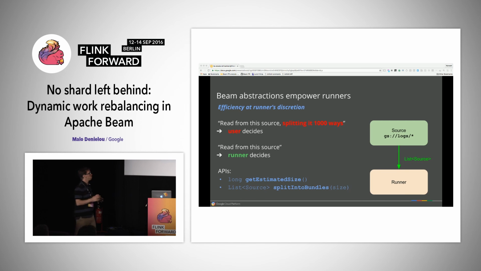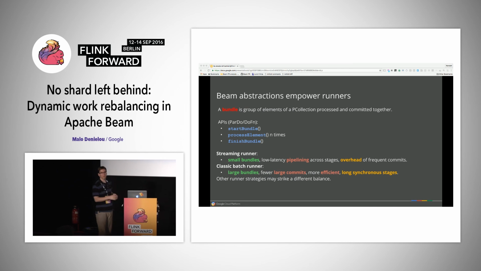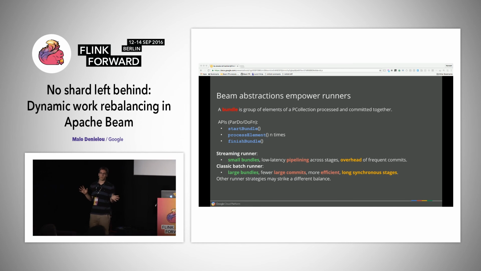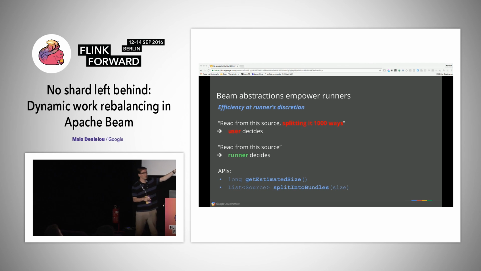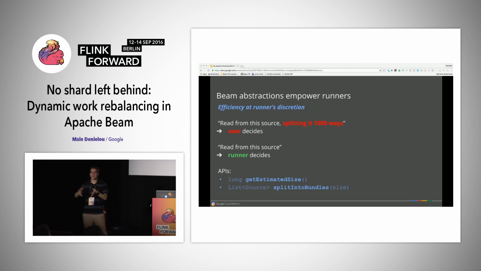The runtime bundles are something that the user can control a bit, but usually you would not, as a programmer, control them. You let the runner decide. Those represent the different tasks, let's say. All right. Yeah.